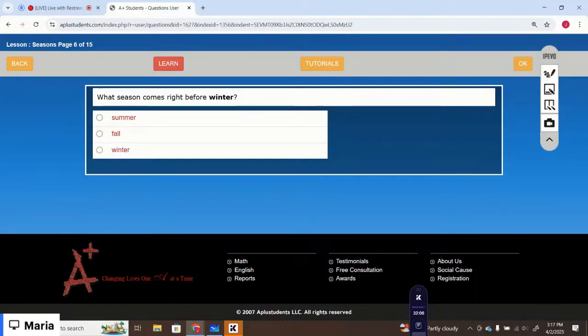What season comes right before winter? Right before winter, fall it is. The correct option is fall.